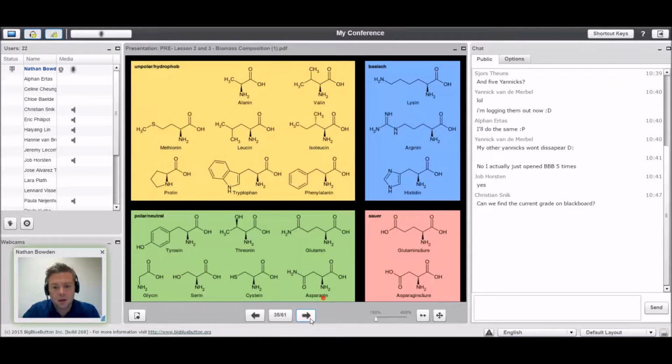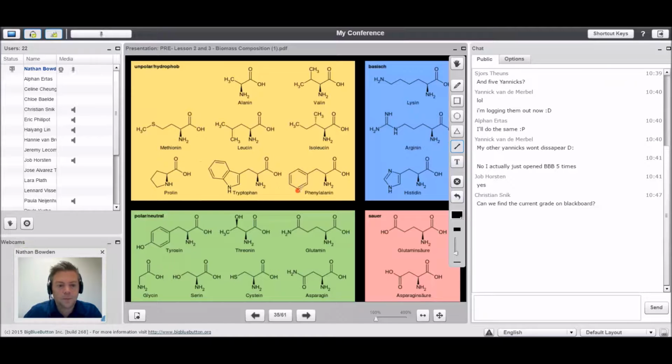Here, as I mentioned, are the 20 amino acids which we consider to be the normal amino acids found in all life forms. They can be grouped into different subsections. We have the nonpolar hydrophobic ones. We have the polar and the neutral ones. We have, this is in German, sauer, so we have the acidic, and we have the basic. And this is a simple way of breaking them down. Actually, my research is on amino acids.